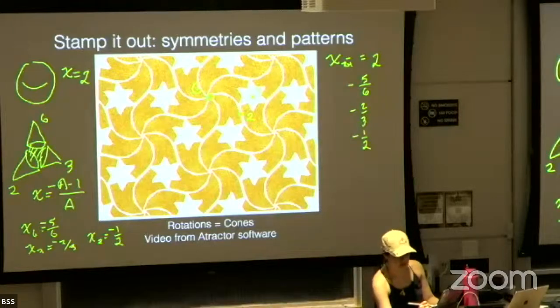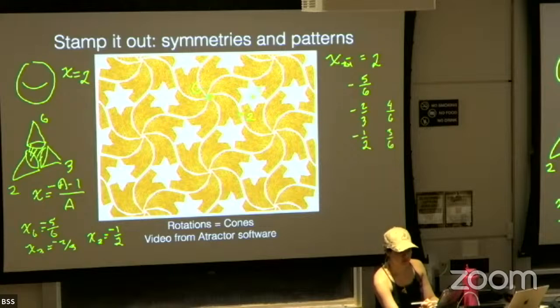Because I'm really bad at doing fractions in my head, this is 4/6 and 3/6. So 5 plus 4 is 9 plus 3 is 12. So that is 2 minus 12/6 equals 0. So chi total again equals 0.